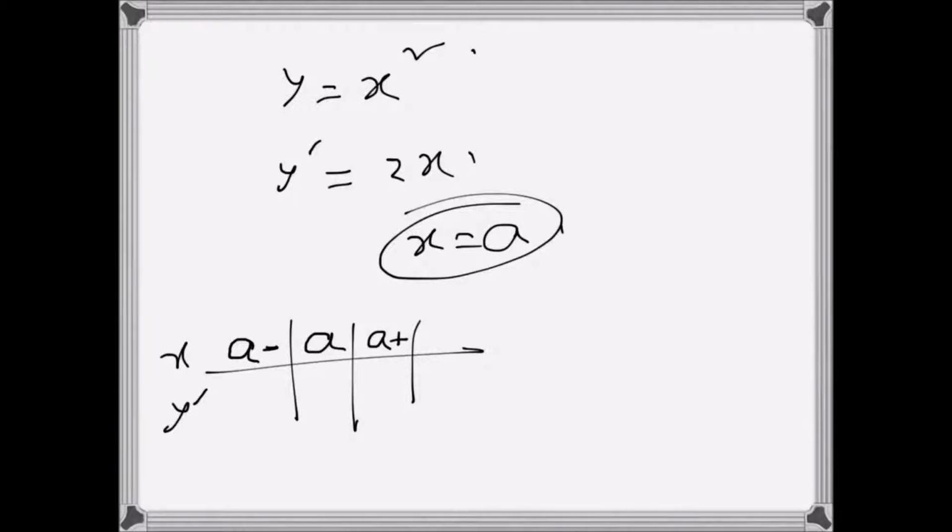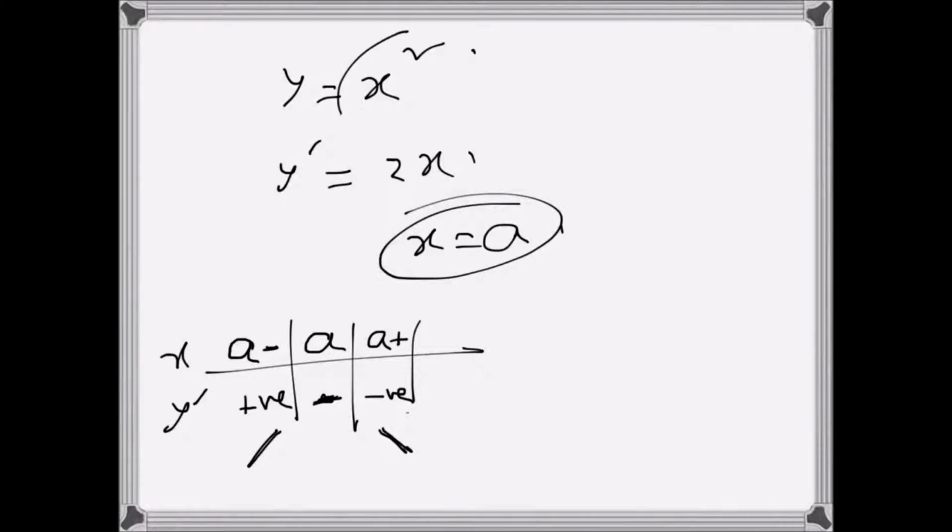If the point is, say, 1, we check the gradient of the tangent at 2 and at 0. If the one on the left is positive, meaning the gradient slopes up, and the one on the right is negative, meaning the gradient slopes down, then this stationary point is a maxima.